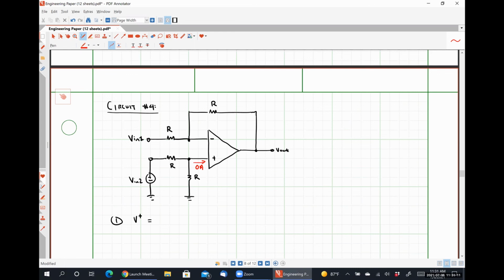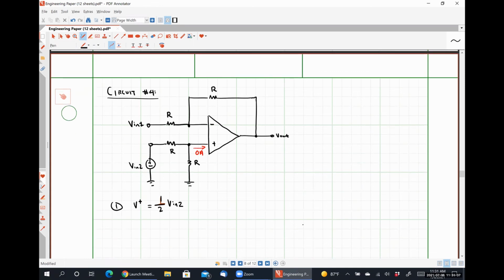Which is Vn2 over R. Almost right. Vn2 over 2. So 1/2 Vn2.